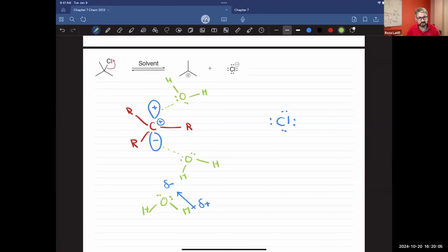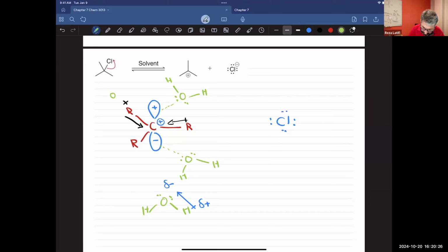So we can have interaction with the p orbital, and remember, that's a p orbital, and that's going to make the system stable. Or you can also say that those R groups are going to give electron density to carbon, and if they give electrons to carbon, they're going to have a partial positive charge. So how about this?